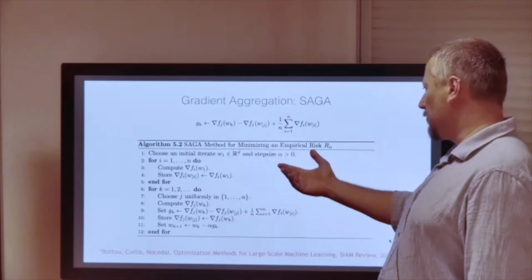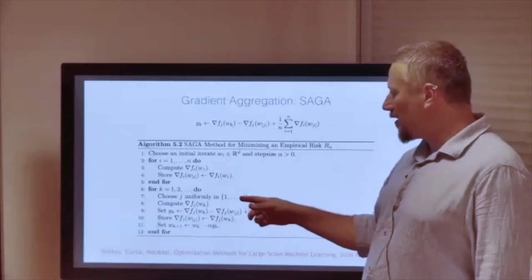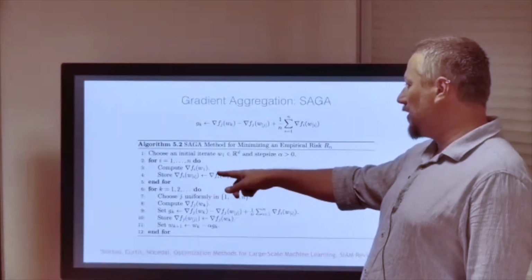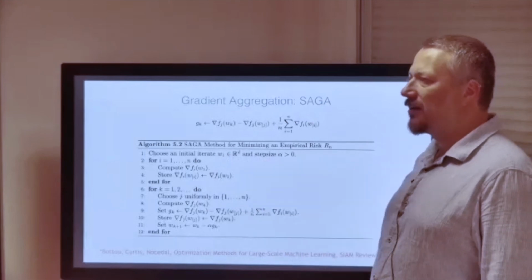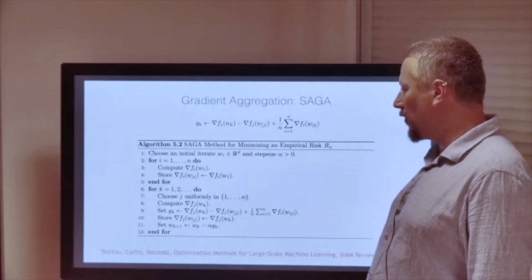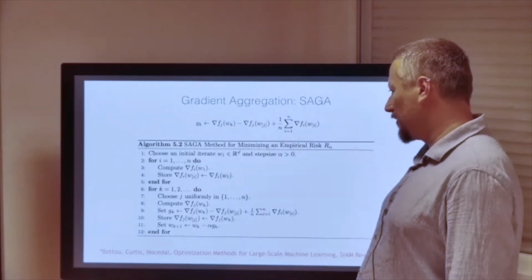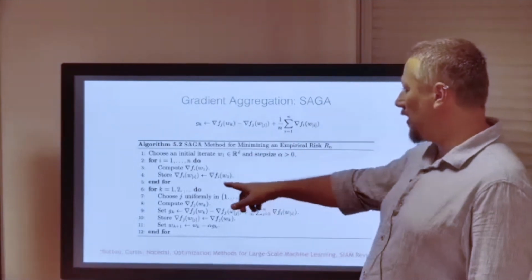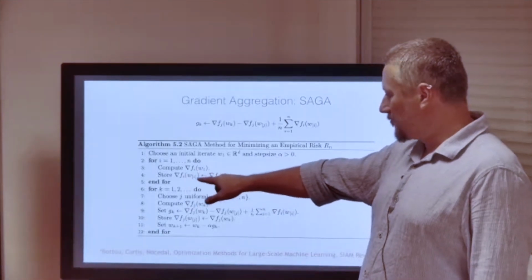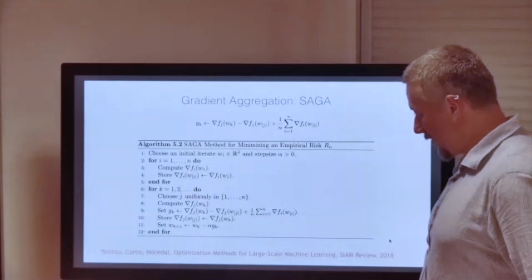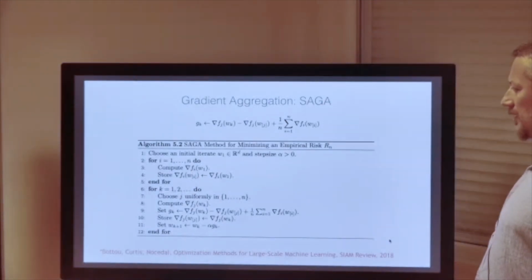You start with an initial point and choose a fixed step size. Then in the beginning, you calculate the gradient of the loss function at each data point at the parameter value omega_1, and you store them as the gradient of f_i at omega^(i). You do this once, going over all the data points.